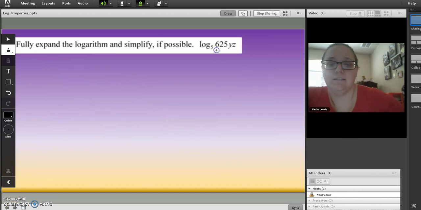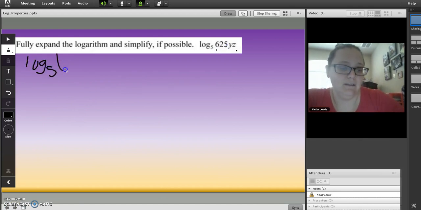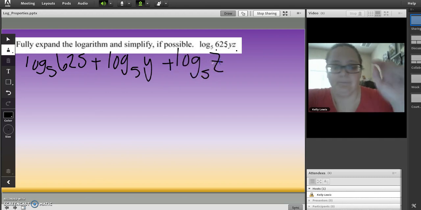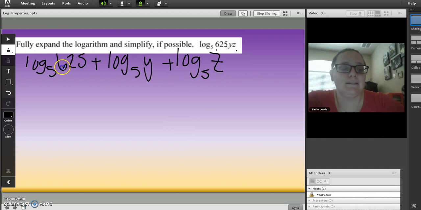So here, these three things are being multiplied. So we're going to do log base 5 of 625 plus log base 5 of y plus log base 5 of z. The difference between the first one with the 625 and the others is that 625 is a number, and so log base 5 of 625, we can simplify that.